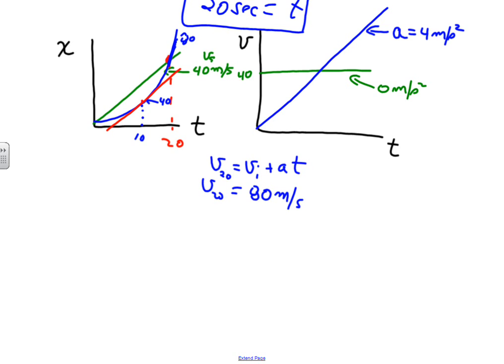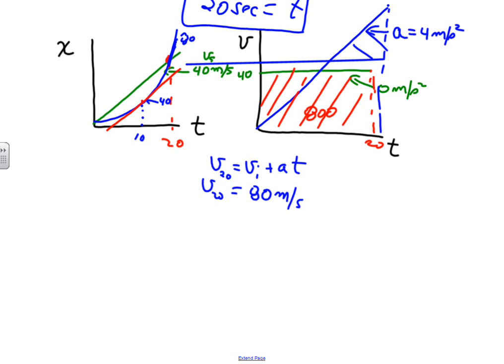Check this out. If I find the area here, and this is 20 seconds, this area is 40 times 20, and that's 800. If I found the area of this triangle that the cop was making, that cop made a triangle that is 1/2 base times height.